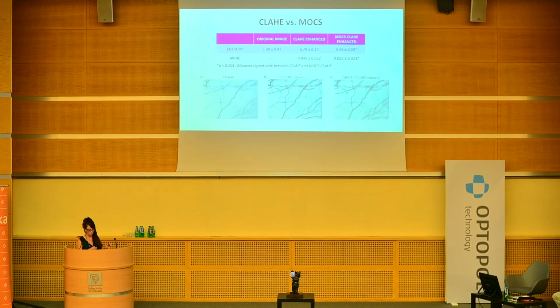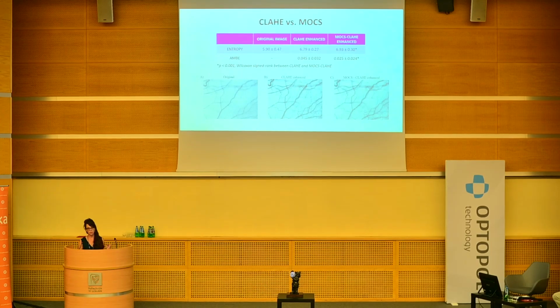When we did this, we saw that both methods, the classical CLAHE and the optimized CLAHE, enhance the contrast of the image. The optimized CLAHE enhances the contrast even more, and it's significantly different.